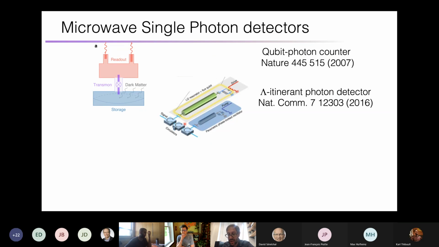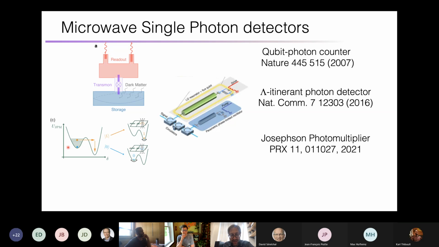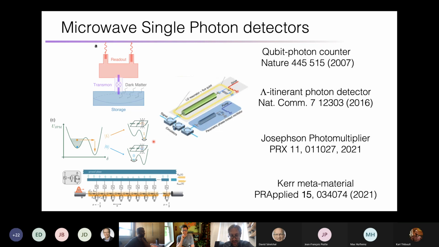You can also make an analogy to a photomultiplier tube by having a Josephson junction that's tilted, and when a photon comes in, it switches the direction of a current, so it's a latching detector. And Alexandre proposed a really quite elegant mechanism that makes a Kerr metamaterial, and this is quite good. I would say all of these have their advantages and disadvantages, but this one was pretty straightforward given what we knew, so that's the one we've been pursuing.